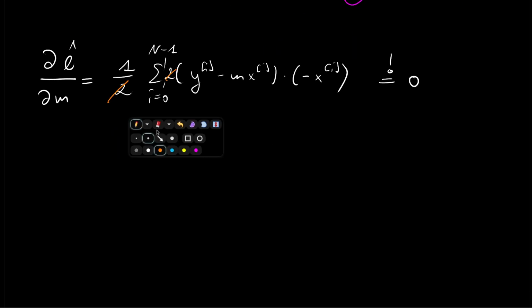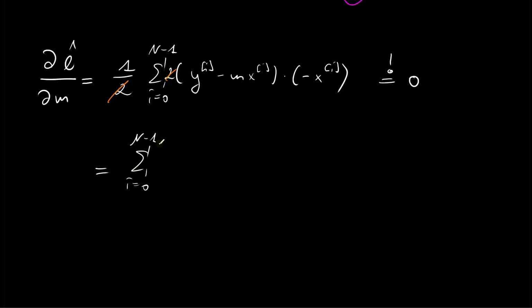And then let's multiply this out. And then we are getting, let me change the color here, the summation from i=0 to capital N-1 over minus yi xi plus m times xi squared has to hold to 0.